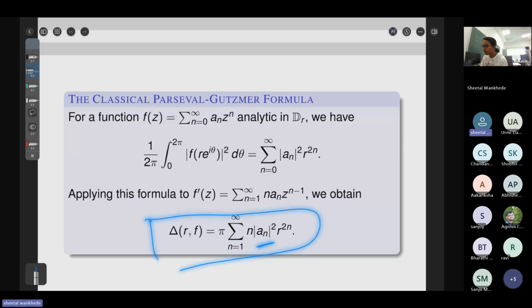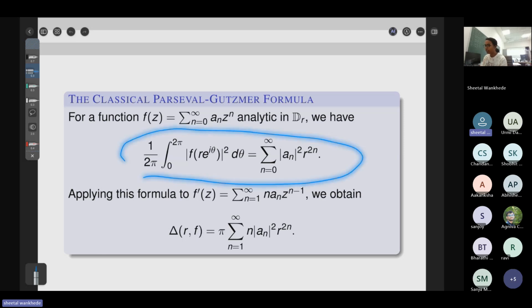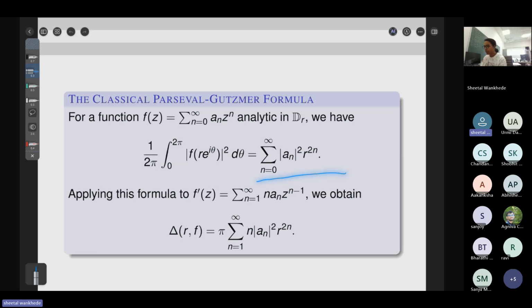If we have an analytic function f of z with Taylor series expansion sum n equal to 0 to infinity a_n z^n, we can get the area in Taylor coefficient form. First we have to prove that the integral from 0 to 2 pi of mod f of r e^{iθ} squared dθ is 2 pi times the summation of mod a_n squared r^{2n}. Applying this formula to f dash, we can deduce the area of this function.